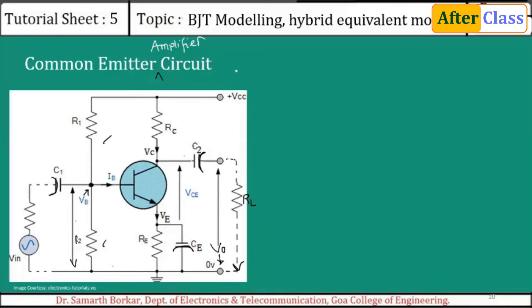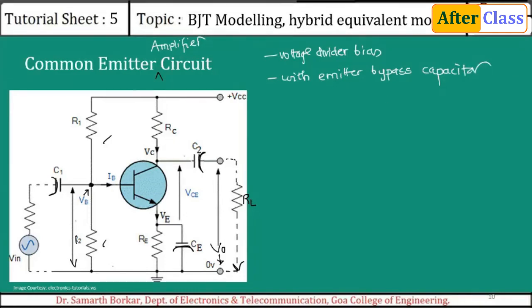It consists of voltage divider bias with emitter bypass capacitor, which is the one here, CE.